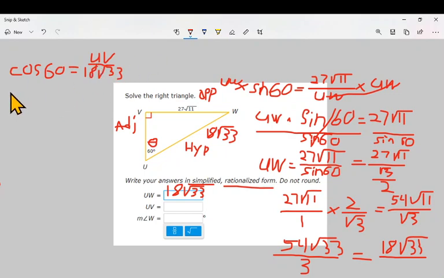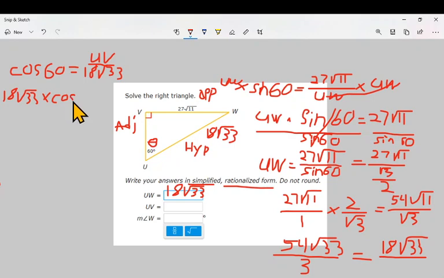And so when we do that, we now have 18 square roots of 33 times our cosine of 60, since we're just multiplying it on both sides.